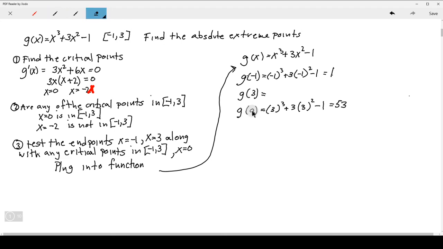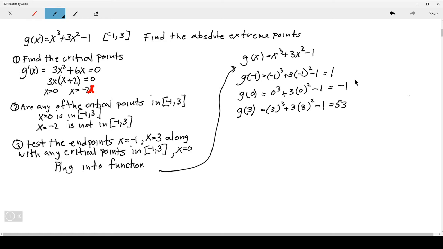Let me fix that. Oh, I wrote that in the wrong place. Let me swap these two. Sorry about that. Put 0 over here. G of 0 is going to be 0 to the third plus 3 times 0 squared minus 1, which is going to be -1.